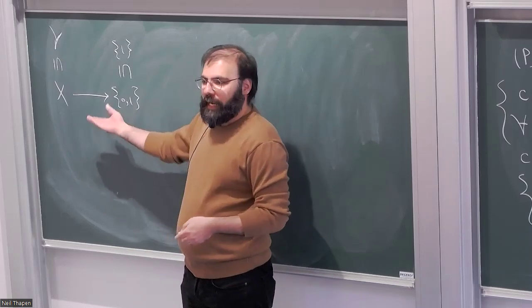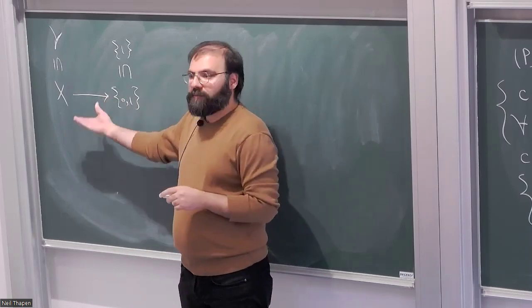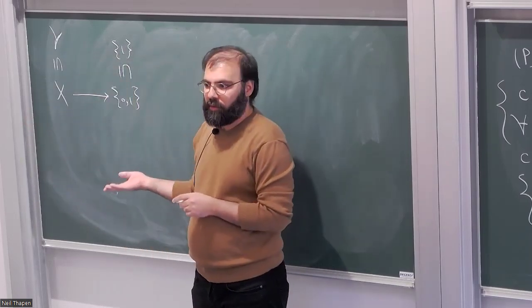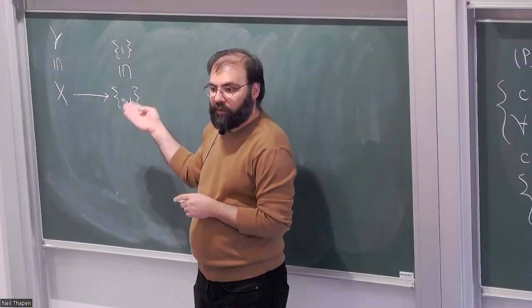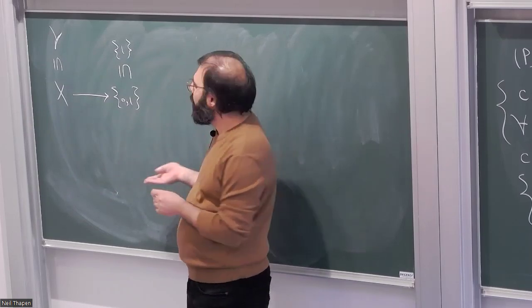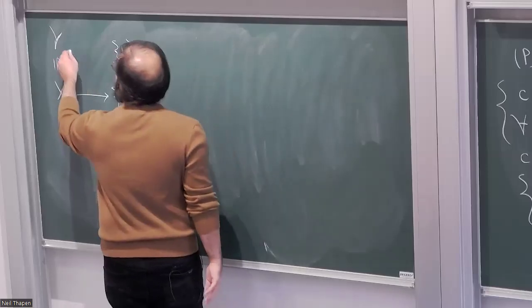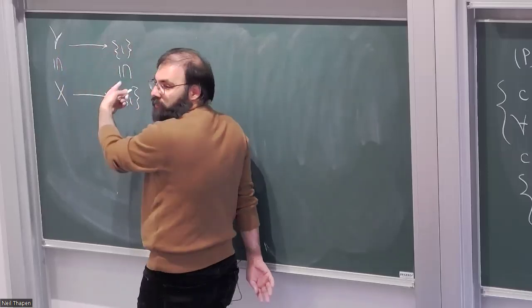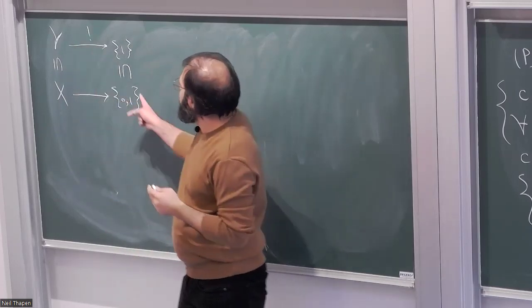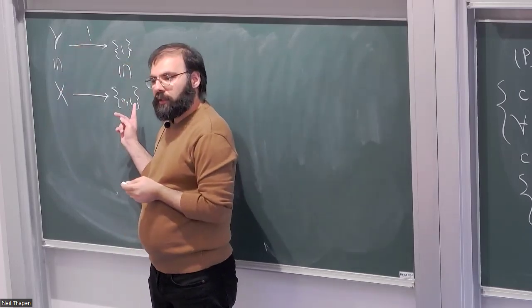So how do we turn that intuition, that you have a characteristic function of any subset, into a categorical diagram? I wrote almost all of it. You have to say that there is one map here because it is just 1. This diagram is commutative.